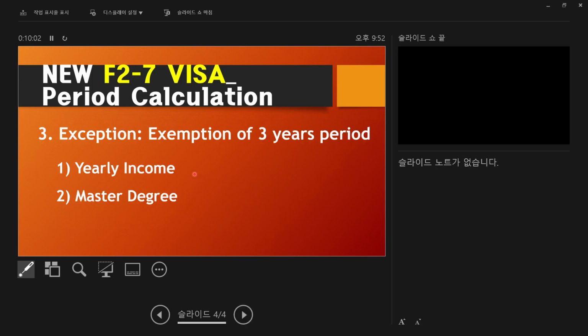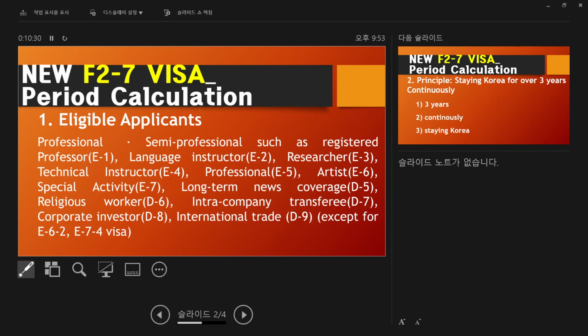But if your previous income was more than 40 million won, or your D2 visa period with a master's degree or PhD degree, combining all your periods of stay with a D2 visa, is over 3 years, you don't need 3 years from this visa, right?